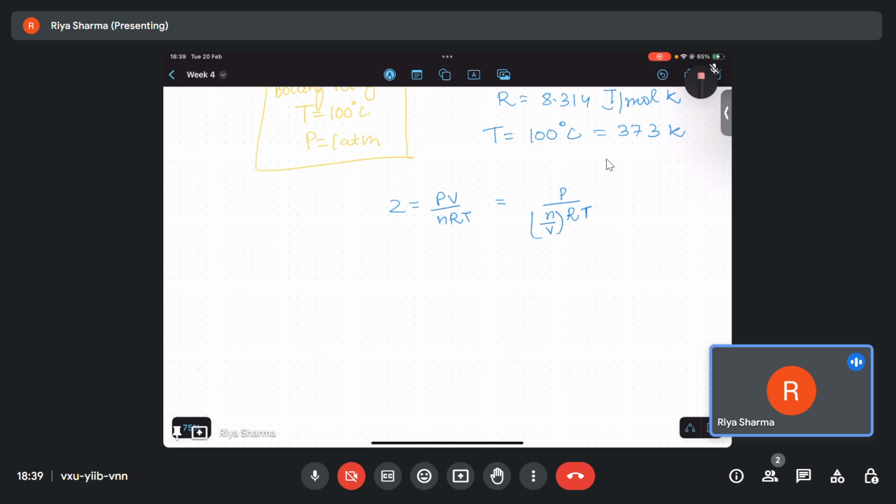So Z will equal N by V, which is 33 moles per meter cube, R equals 8.314 and T equals 100 degrees Celsius. If you try solving that, you will get an answer estimate of 0.98, which is approximately equal to 1.